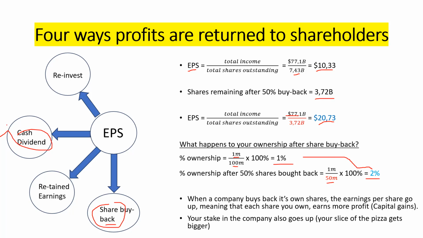Let's move on to the third option, which is reinvesting. The third way a company returns profits to its shareholders is by taking these profits and then reinvesting them back into the business. This creates more revenue for the company. For example, the company may take the profit and create new products and services, can invest the money in other businesses, or it can use the money to expand to new markets so that they can generate more revenue.